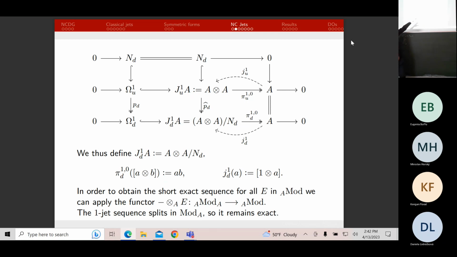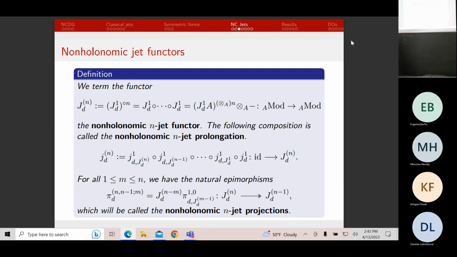And as right modules, these sequences are split exact, which means any additive functor will preserve the exactness of these sequences. So we still get a reasonable notion of first order jet exact sequence. And so we have the one jet functor.